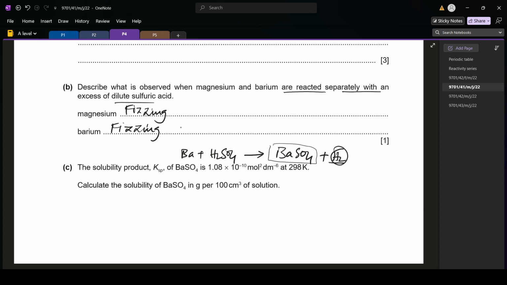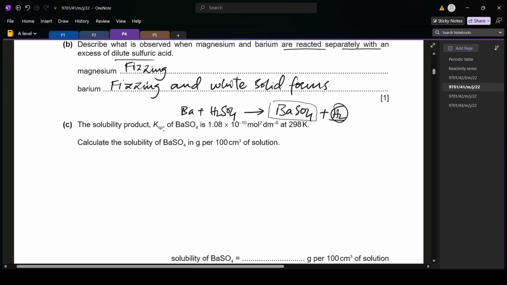Okay, white precipitate is going to be formed. So fizzing and white solid forms. And in magnesium you can also write that the magnesium dissolves. Okay, you can write that.